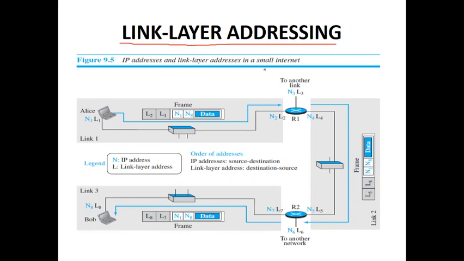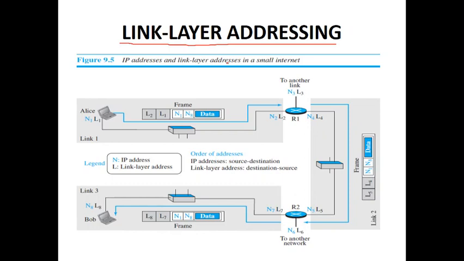If I consider this network, again I'm considering 3 different networks, or we can say links. If I want to send data from Alice's system to Bob's system, how will the data be delivered from Alice to Bob, and how will I use the IP address and the link layer address or MAC address?